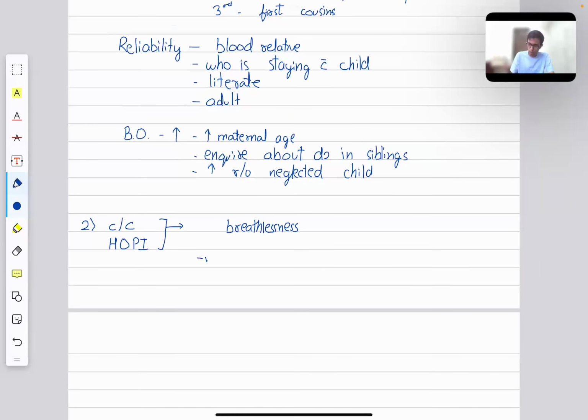So, what will be the components of negative history? To simplify it, we can say negative history will be composed of three parts: negative history of associated symptoms, negative history of etiology, and negative history of complications.